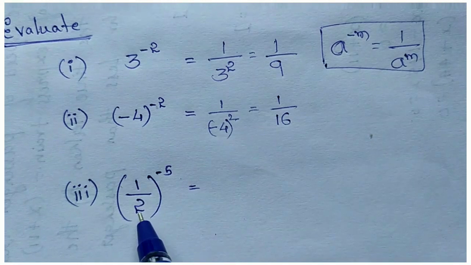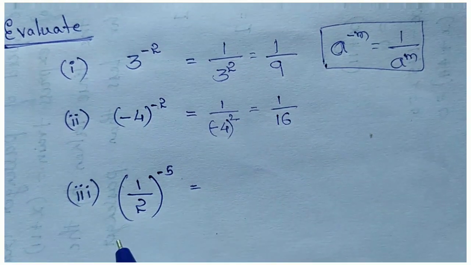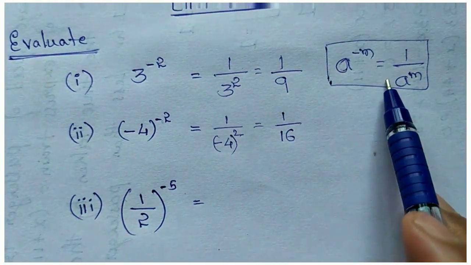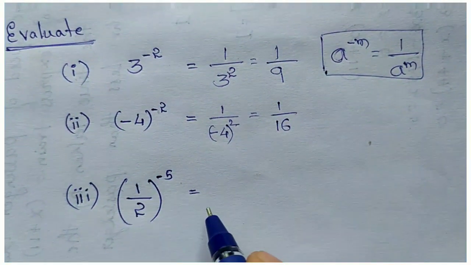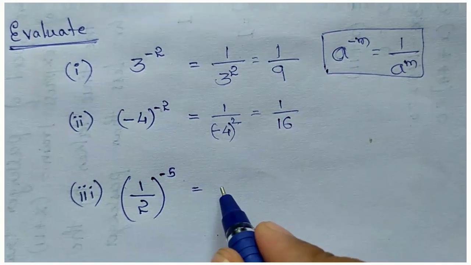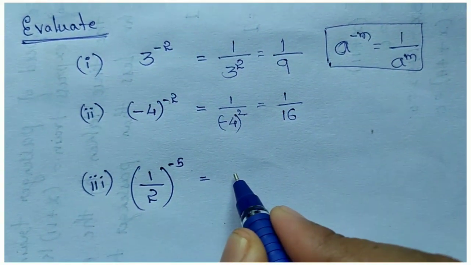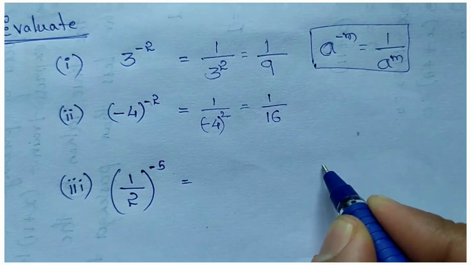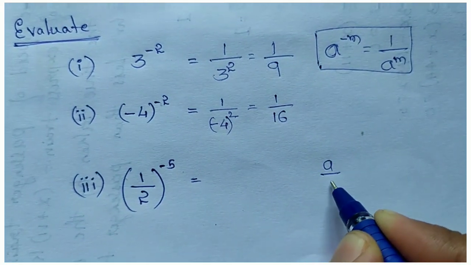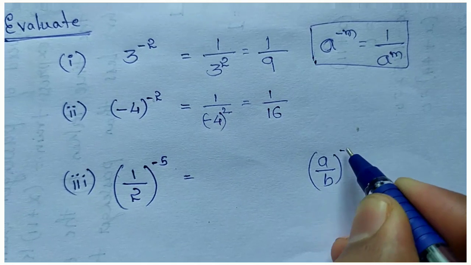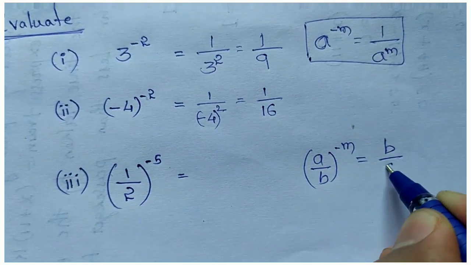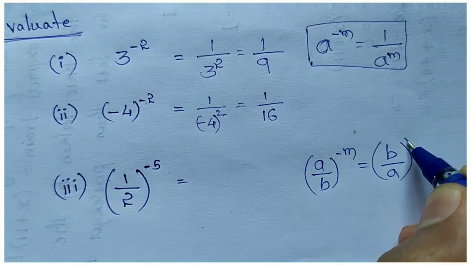Now 1 by 2 power minus 5. Okay, so here you can go with the law of exponent or else another one law of exponent they given in the last page, that is page number 13. Okay, that is a by b power minus m equal to b by a power m.